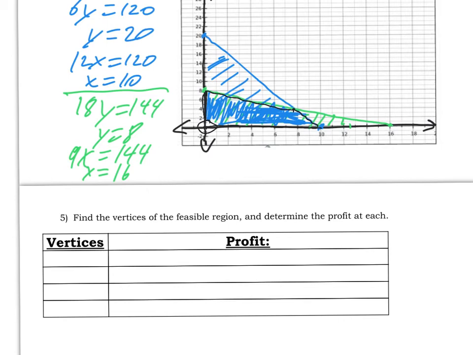So we've got one of them here at 0, 0, another one up here at 0, 8, another one down here at 10, 0, and then this one right here, which if you graphed it nice and accurately, you can read it right off the graph. That one is going to be at 8, 4.